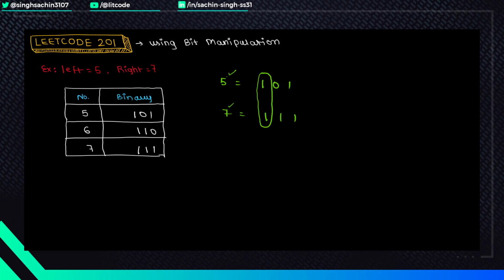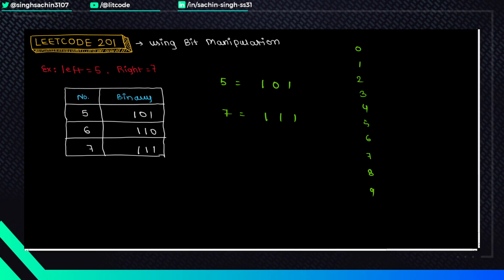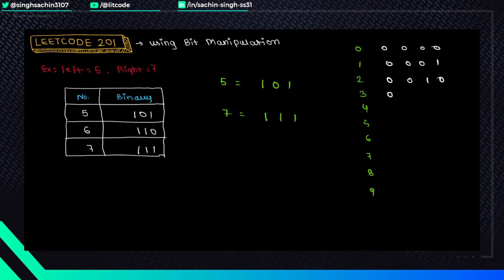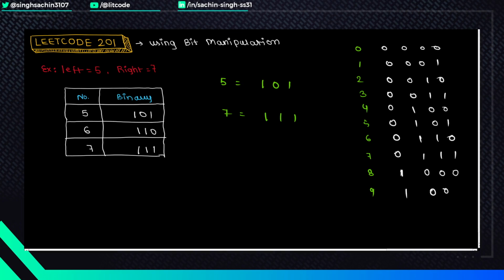So what does this imply? For example, if you write down the binary representation of each number from, let's say, 0 to 9, it will be like 000, 001, 010, 011, 100, 101, and after that we'll have 7, 8.